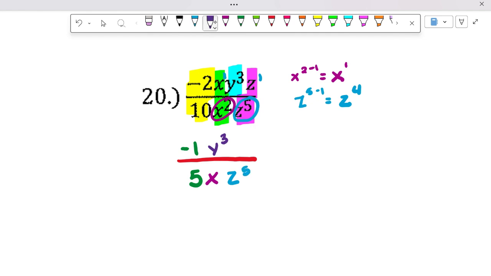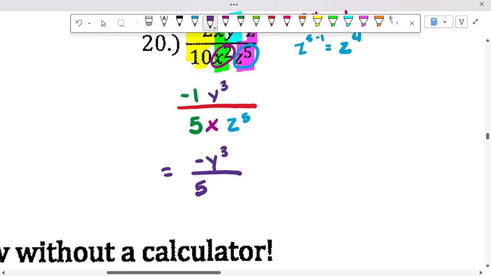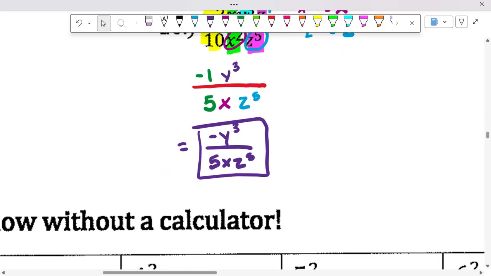So if I want to clean this up a little bit, this will be negative y cubed all over 5x to the 4th. Does that make sense how to do those? Yes, no, maybe? Good.